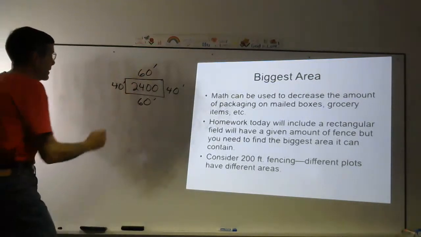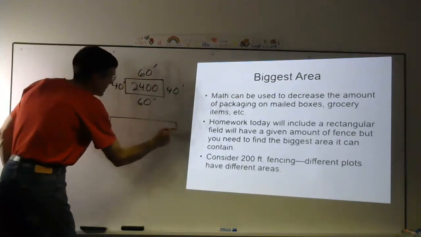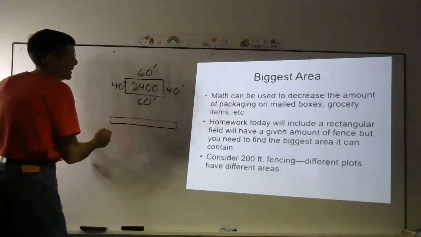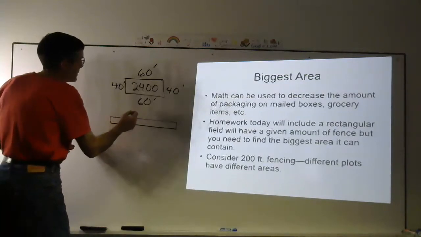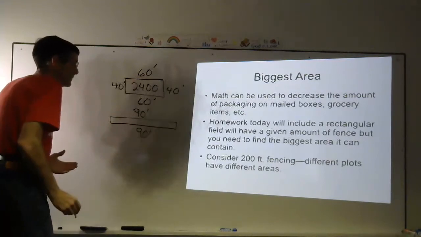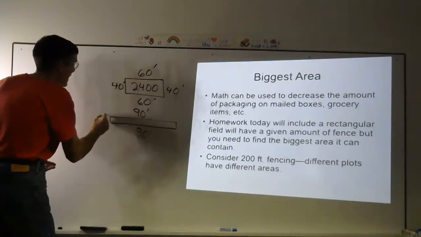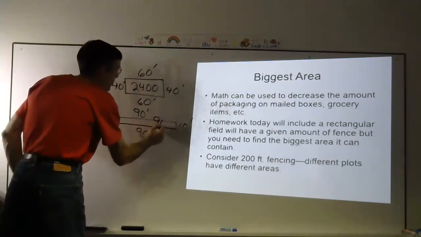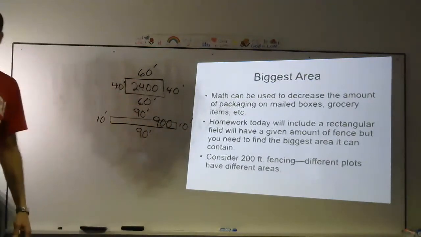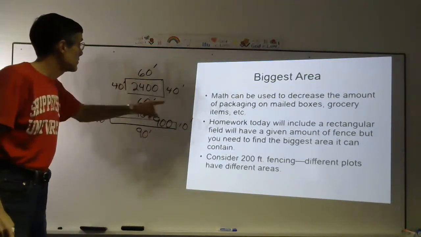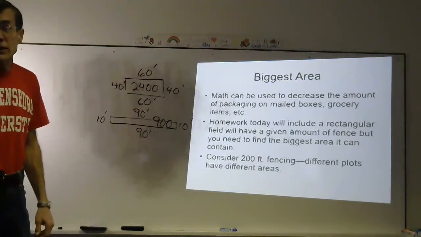Okay? How about if you had, let's say, 90 feet and 90 feet? This would have to be 10 and 10. That's only 900 square feet. You see? It still took 200 feet of fencing to go around the outside, but you get a different area. All right?